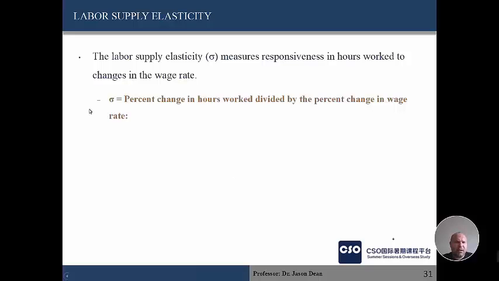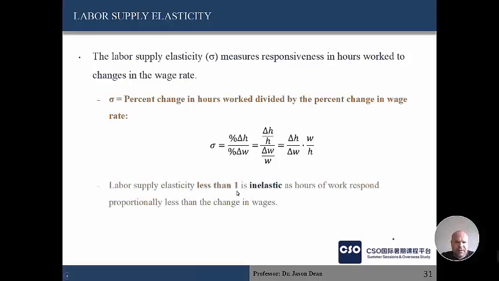So we have that represented by sigma, percent change in hours worked divided by the percent change in the wage rate. So the labor supply elasticity is equal to the percentage change in hours worked over the percentage change in wages, and we can rewrite that as follows.